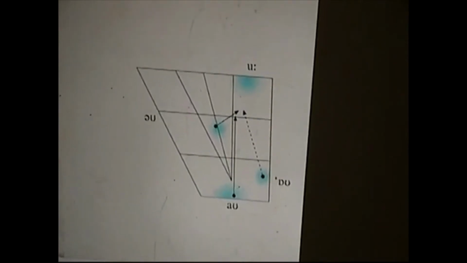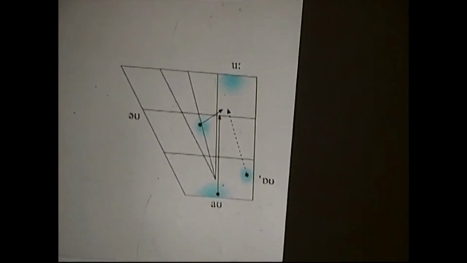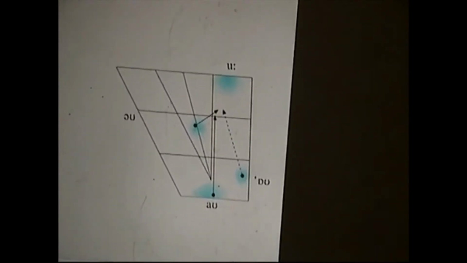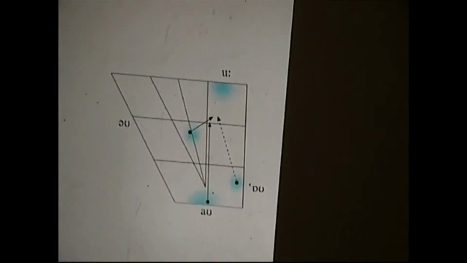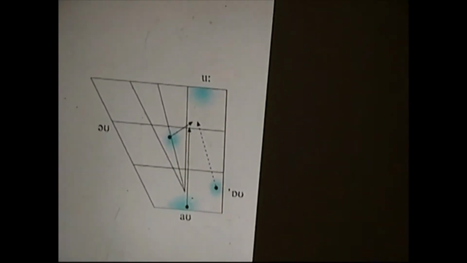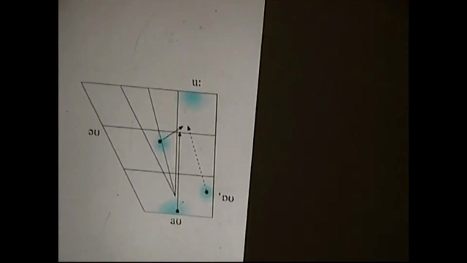Many speakers of English, when there is an L following, in a word like whole, use a rather different quality. That is, instead of saying whole with O, they say whole.